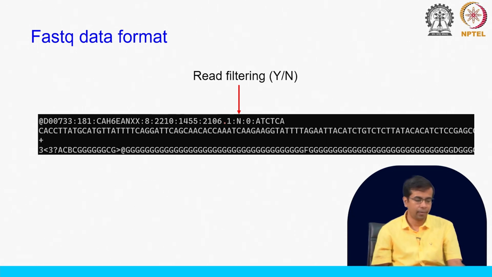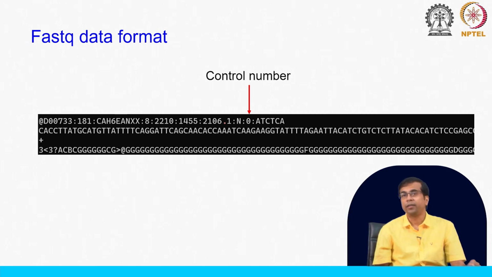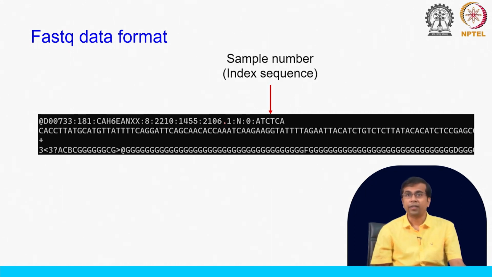The next part is the control number. This shows whether some control experiments were run in this experiment. In some cases you want to run controls for some tests, but in this case there is no control experiment here. The last bit shows the sample number, or usually the index sequence.